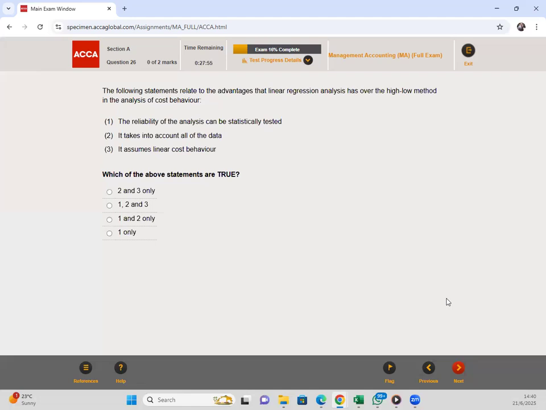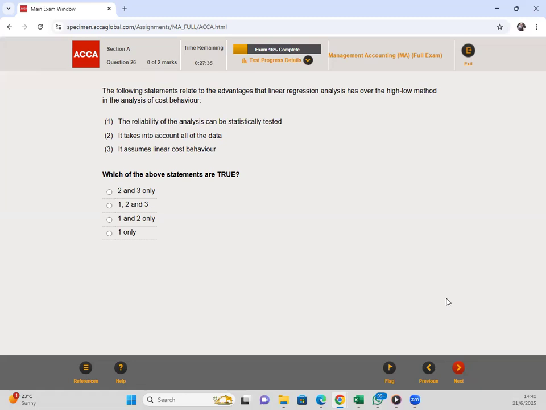Regression analysis tends to take into account all the data. High-low method just identifies the highest and the lowest. It eliminates some of the data, but linear regression takes into account all the data.